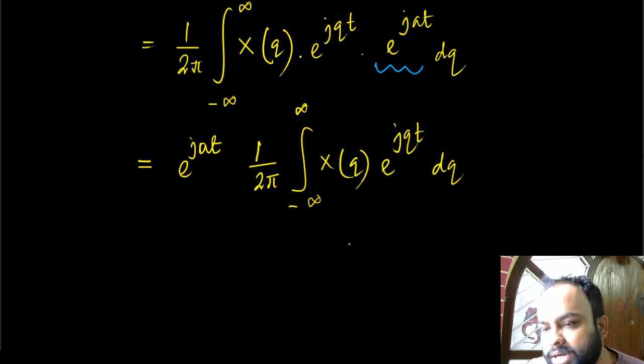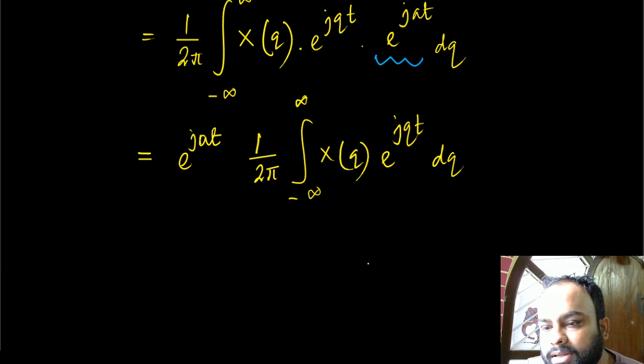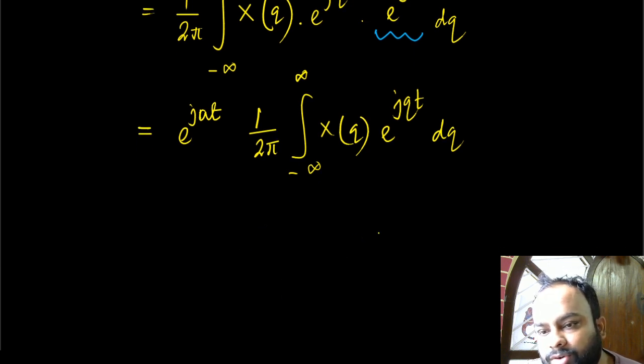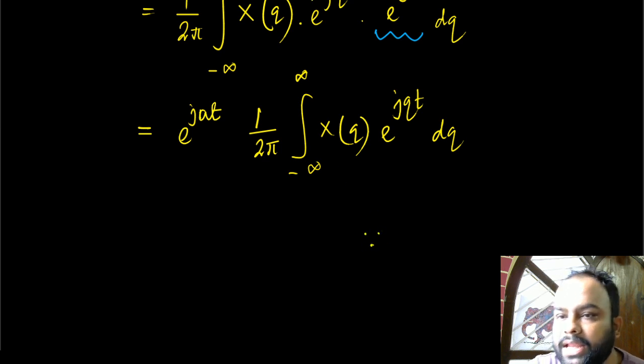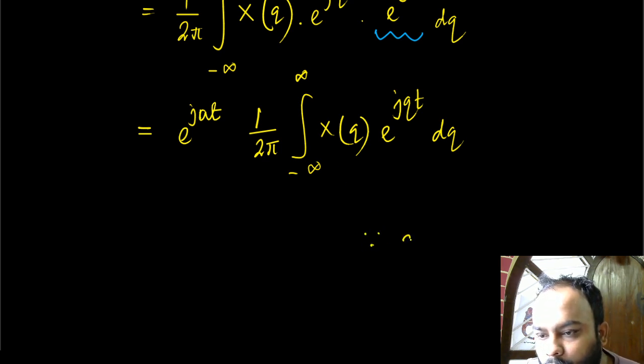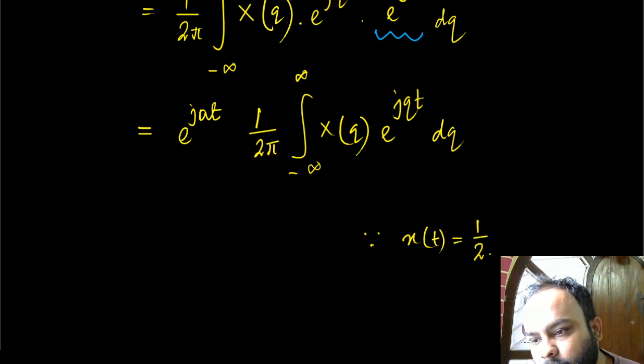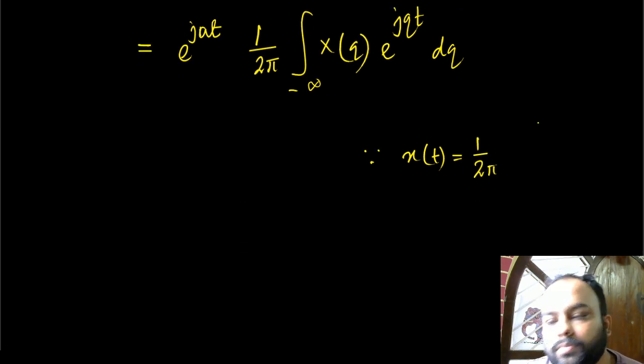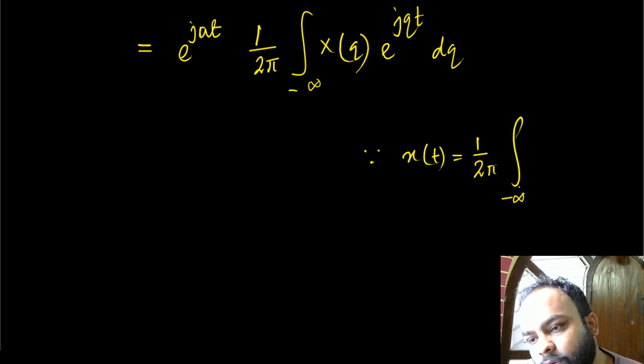But again, try to understand something, that the inverse Fourier transform of X(omega) is 1 by 2 pi integration from minus infinity to infinity X(omega) e to the power j omega t d omega.